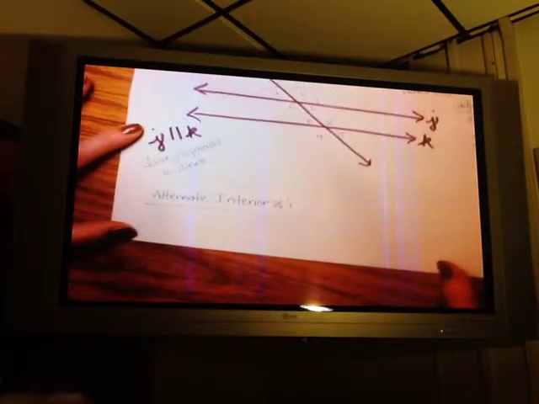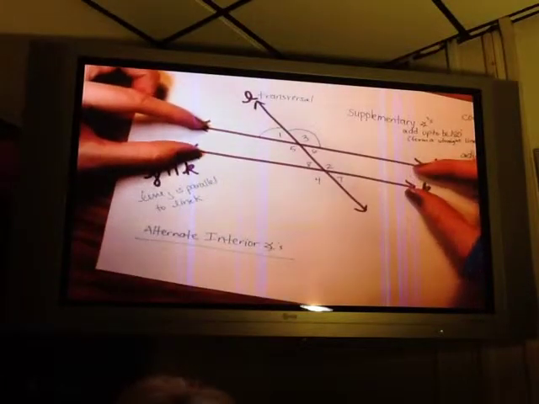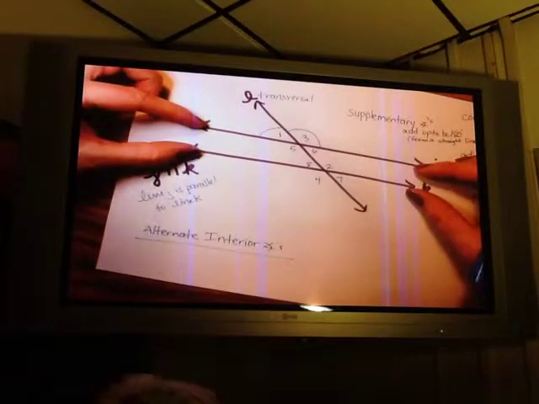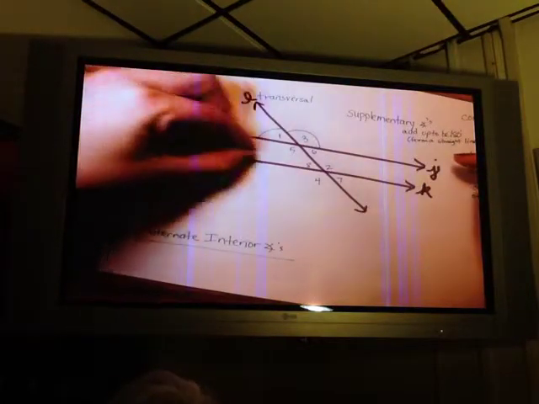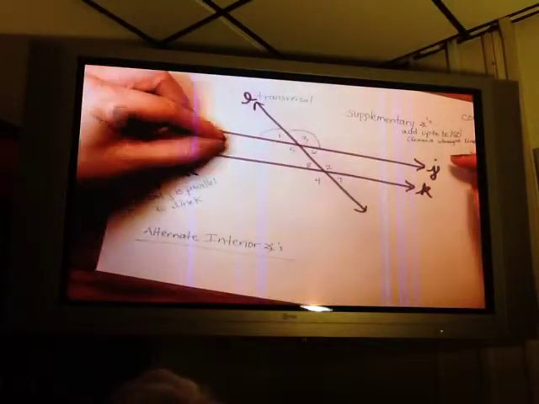Let's go back to our picture. Take your pencil and notice first of all, here are your parallel lines. If you're talking about the interior of your parallel lines, see if you can figure out what angles we're talking about. 5, 6, 8, 2. Yes, everything in here.